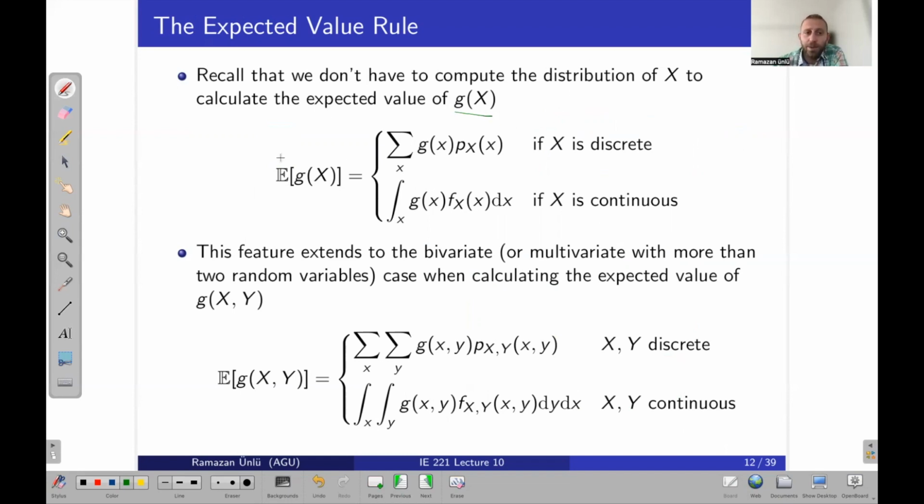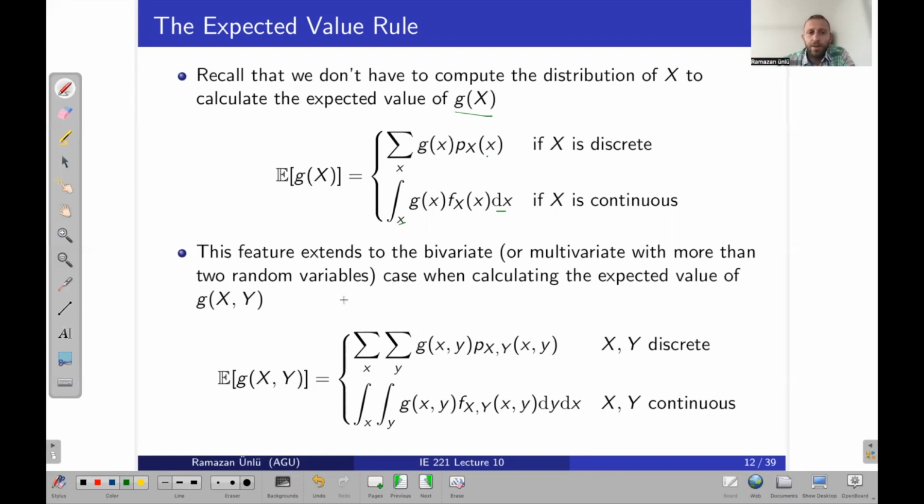So the expected value of g of x for the discrete case will be the summation of g of x times the corresponding probabilities of x. If x is continuous, the expected value of g of x will be the integration of g of x times f of x dx for all possible x values. That is the expected value rule for a single random variable.